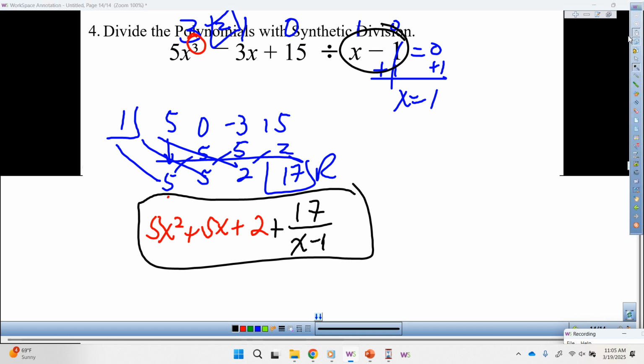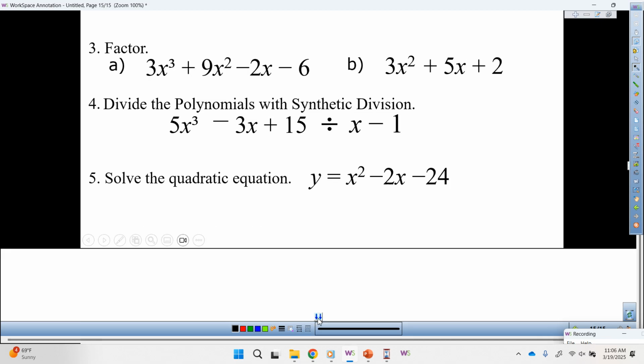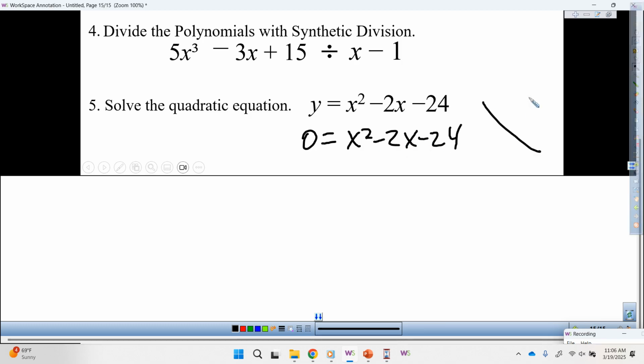And last but not least, number 5. Solve the quadratic equation. Set it equal to 0. Is it in standard form? Yes. Any GCF? No. Negative 24, negative 2. What factors of negative 24 add up to negative 2? That's negative 6 and 4.